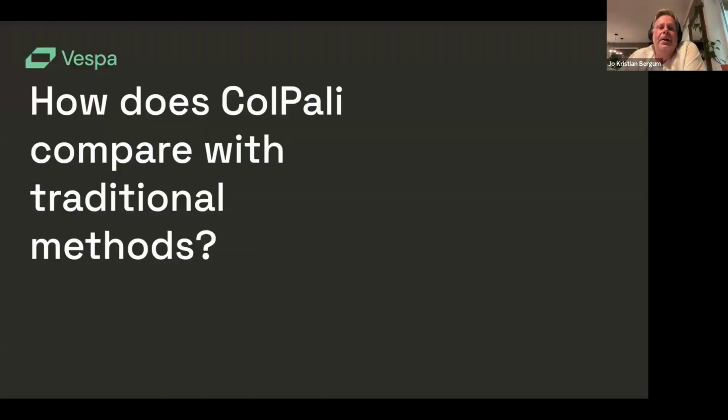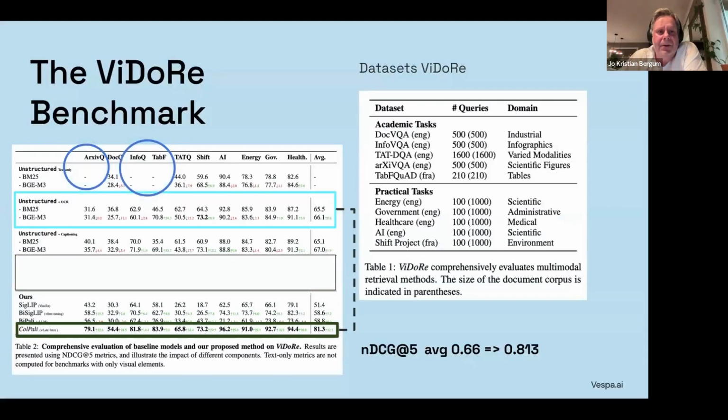And how does this compare with traditional methods, right? Chunking, BM25, vector search. And they also introduced this ViDoRe benchmark, where they compare with different other types of models on different types of data sets.